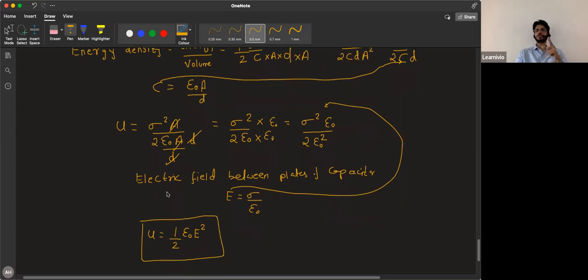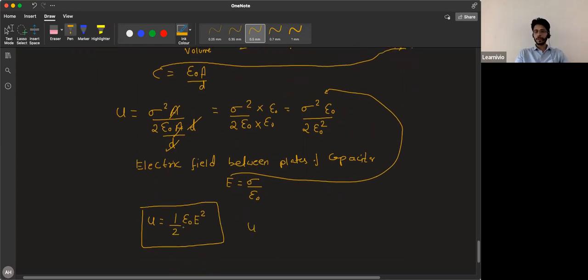What does this expression show? This shows that energy density for a parallel plate capacitor depends upon electric field only. So energy density depends upon the electric field.